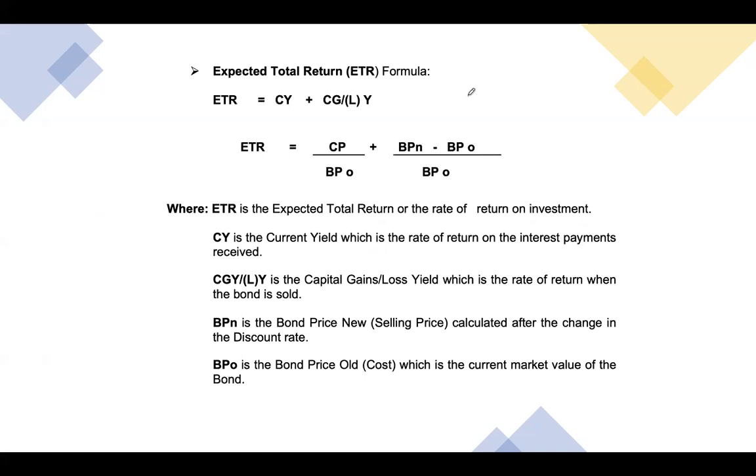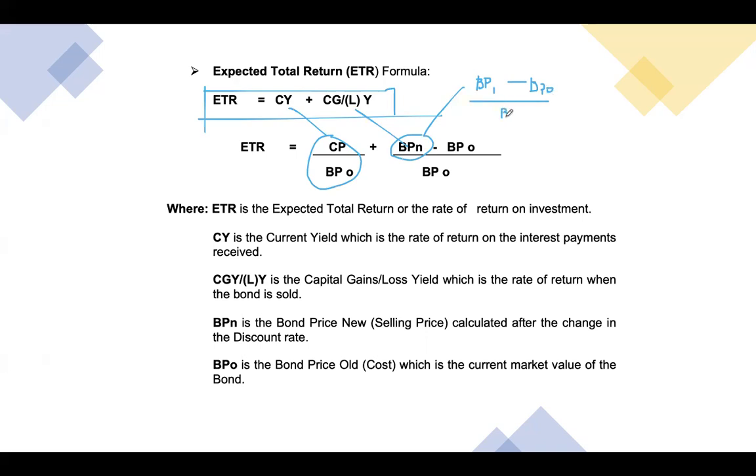Okay? So ETR is current yield plus capital gains or loss yield. Current yield is coupon payment over bond price old. Capital gains yield is bond price new, which could be the amortized price of the bond. For example, in year 1, bond price 1 minus bond price year 0, all over bond price year 0.